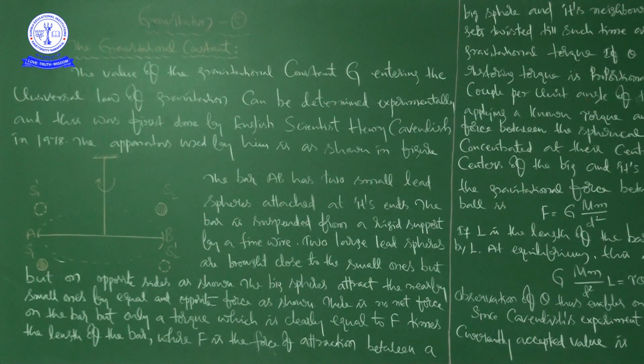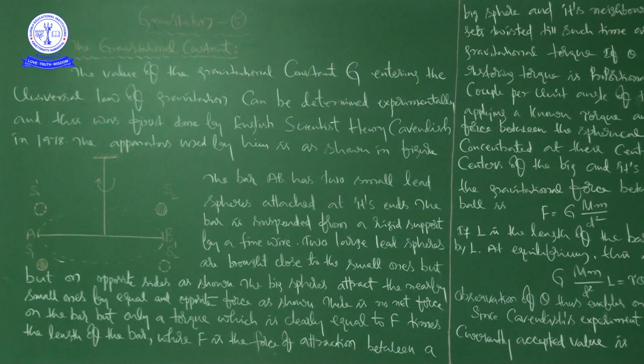From this statement, mathematically we have written many times F is equal to G into mM by r square, otherwise F is equal to G into m1 m2 by r square. But here one thing we have to remember: F is directly proportional to the product of their masses, whether the two bodies are celestial objects present in the universe or bodies on the surface of the earth.